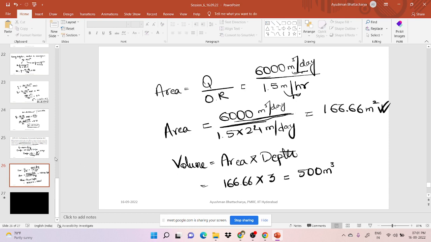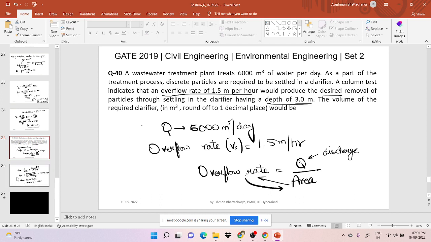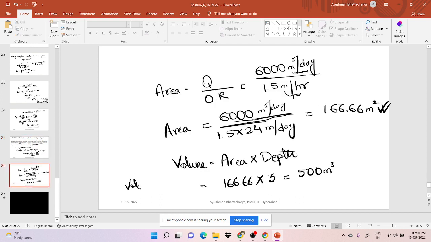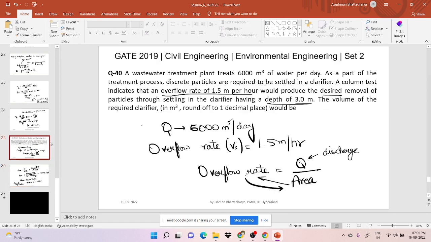So the volume of the required clarifier is 500 meter cube. In this question, they have mentioned the discharge value and the overflow rate, which is sufficient for the desired removal of particles.